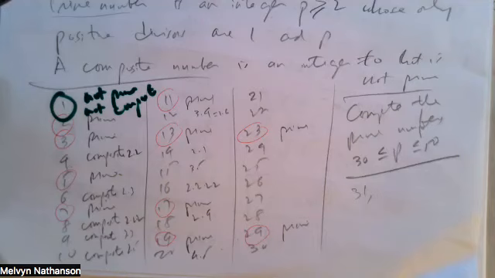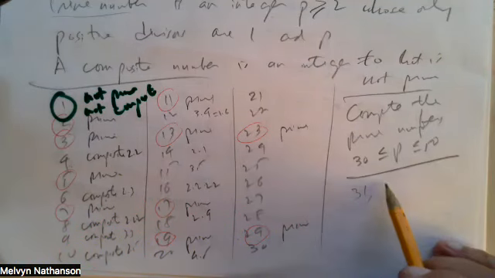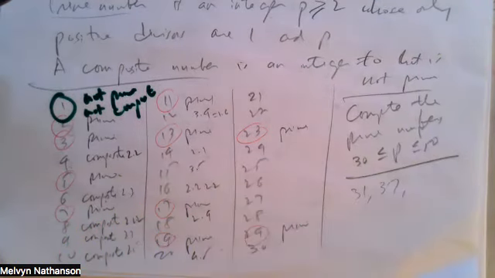About 35. What's the next prime number after 35? 31? Oh, no, not 35. 37. Yeah, 37. And what's the next prime after 37?